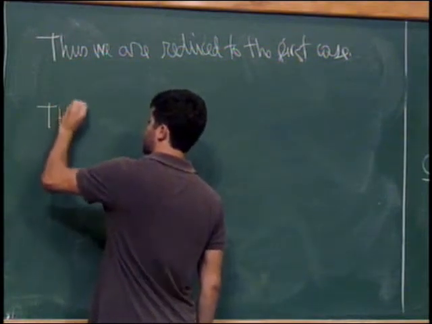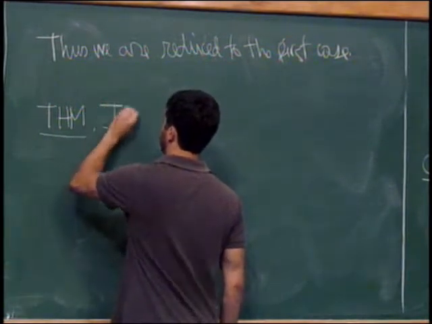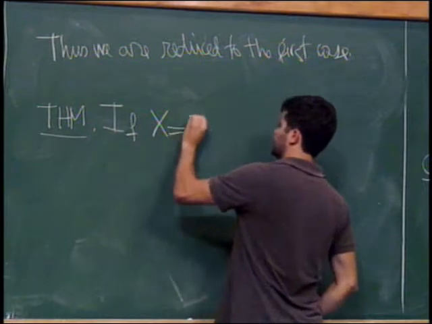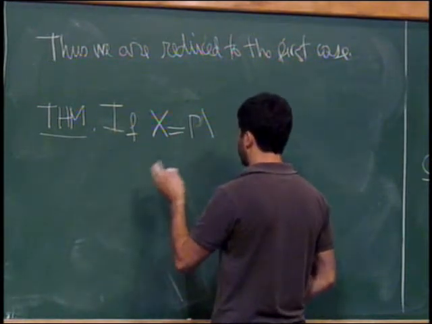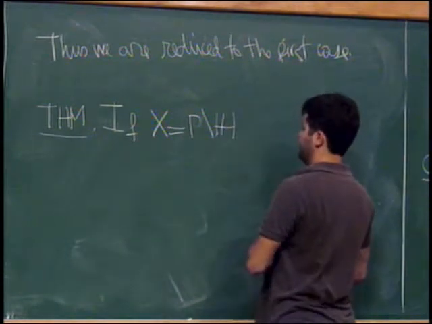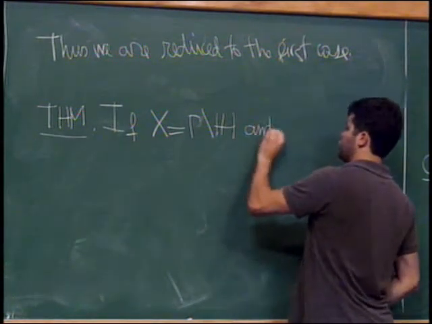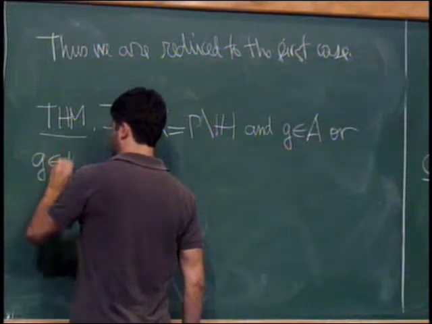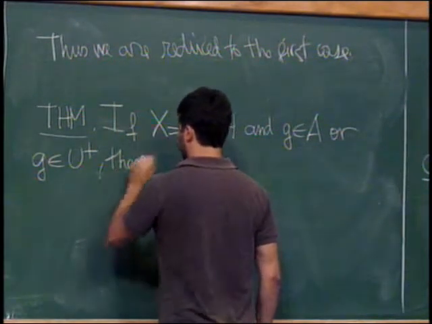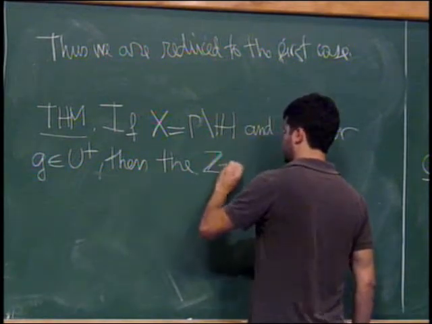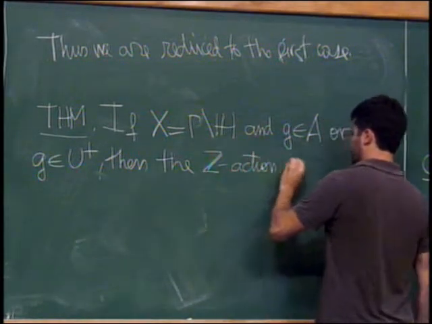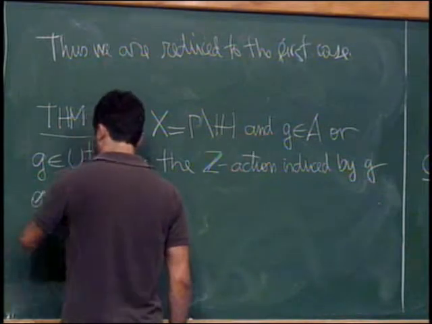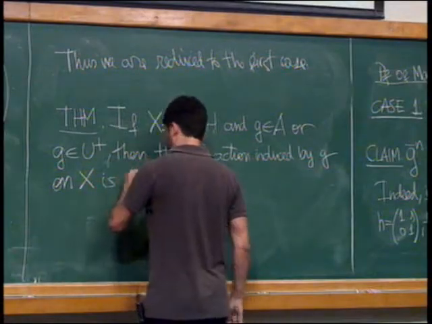I'm going to state it as a theorem: if X is a hyperbolic surface, actually the unit tangent bundle of a hyperbolic surface, and g belongs either to A or to U plus, then the Z action induced by g on X is ergodic.